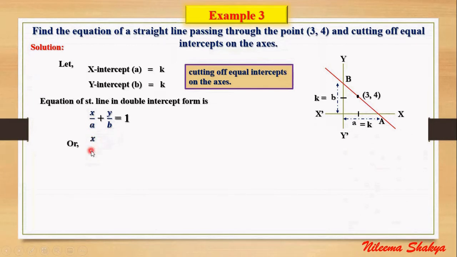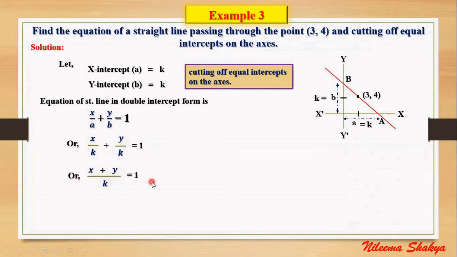We have here x by a, where a is replaced by k. Also, in the numerator of the second term we have y, and in the denominator b is replaced by k. On the right hand side it is equal to 1. On simplification, we have LCM as k, and in the numerator we have x plus y.